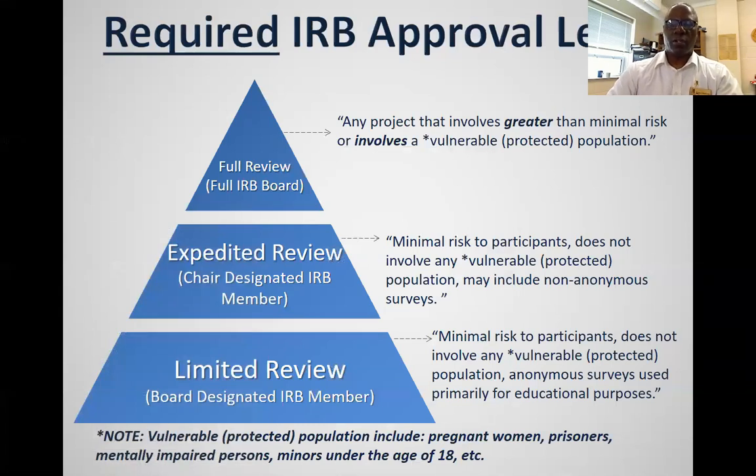But limited reviews are where I will be focusing and where we should all be focusing our research, or our students' research, to be coming to us through a limited review.